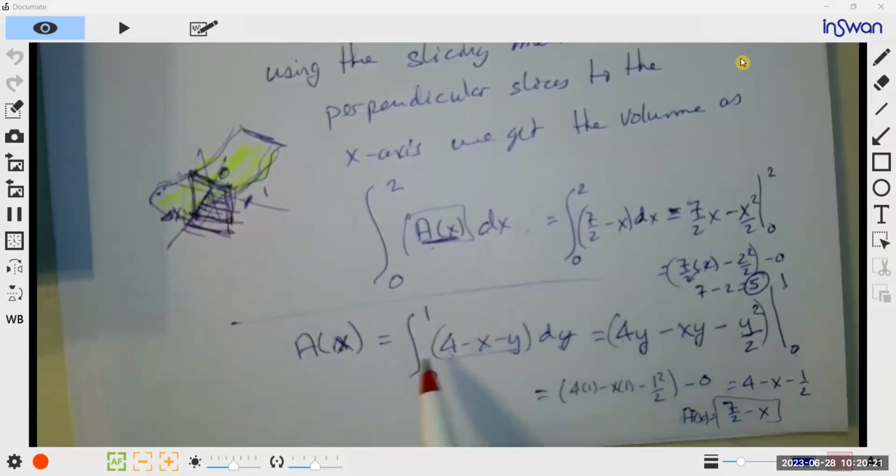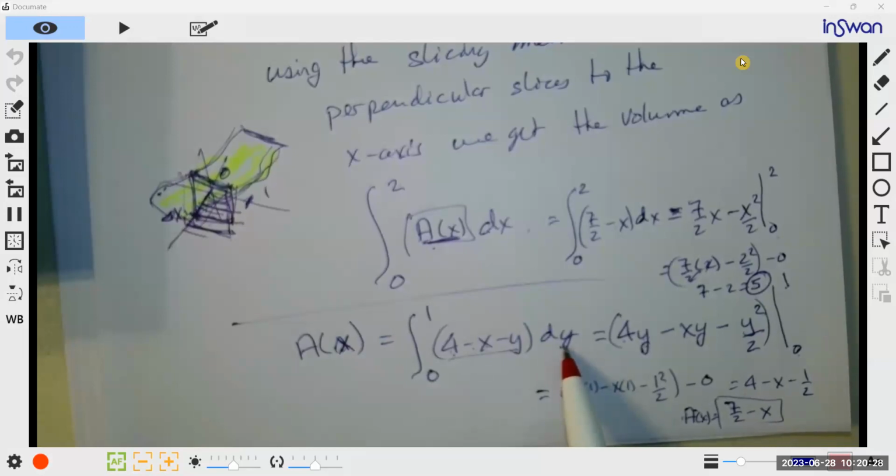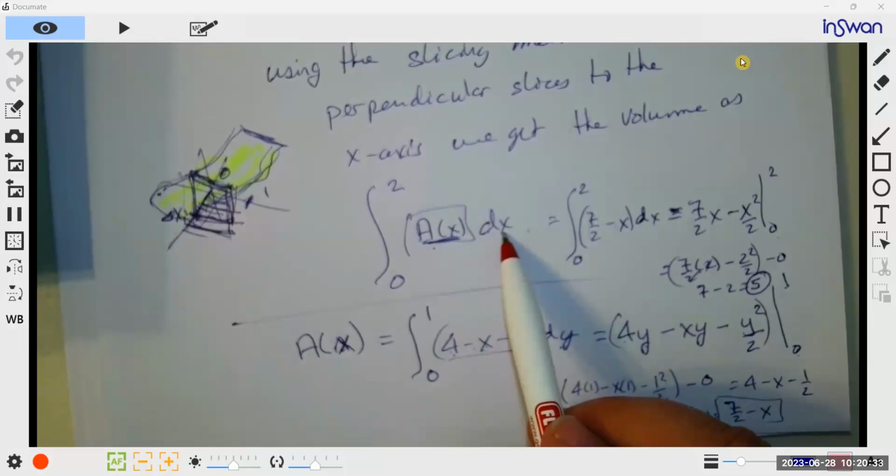So with this one, we notice we first had to find the area. So we did the y value first. We took the integral with respect to y, and then from there, we did the integral with respect to x.